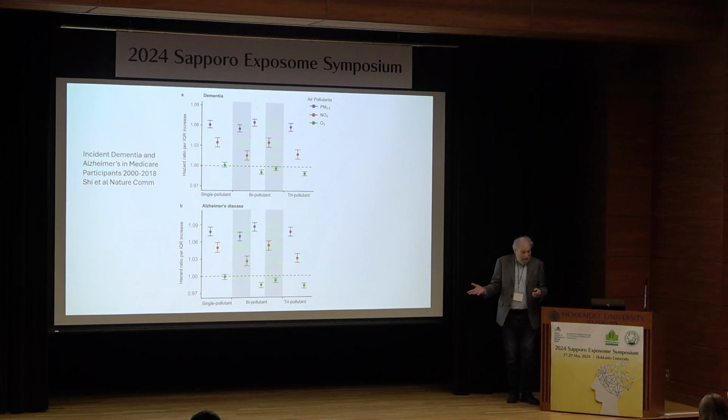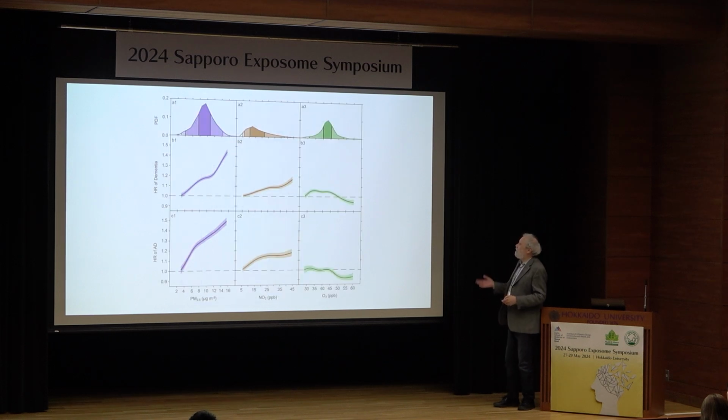So if you don't have too many things, you can still try a multi-pollutant model, and you can also look at the dose response curves, which are reasonably linear for PM and for NO2 for dementia, although it flattens out for Alzheimer's disease, and then there's nothing going on with ozone.